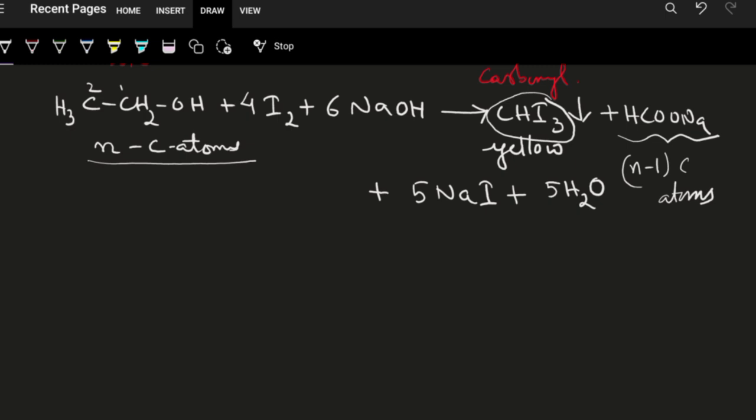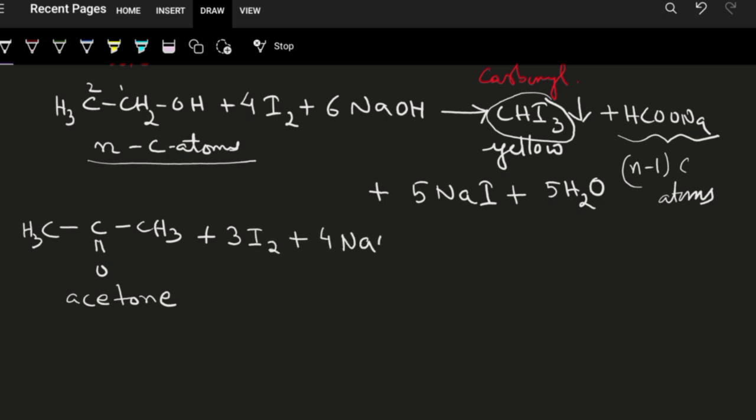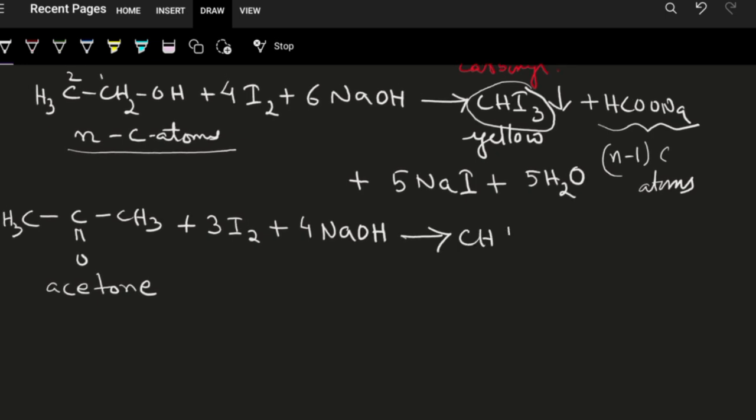After this, I can give you an example of a carbonyl compound containing the ketomethyl group, say CH3C double bonded O. On this side, if I give H, it becomes an aldehyde. If I give CH3, it's a ketone, and the name of the ketone is acetone. Acetone reacts with NaOI, or in the same way I can say I2 and NaOH, 3 moles of I2 and 4 moles of NaOH, to give CHI3, iodoform.